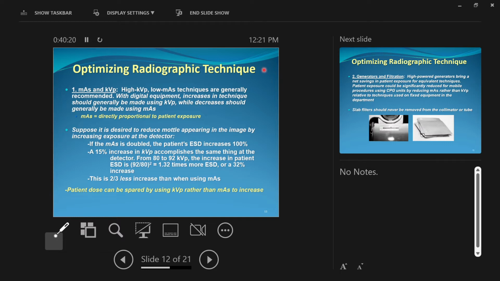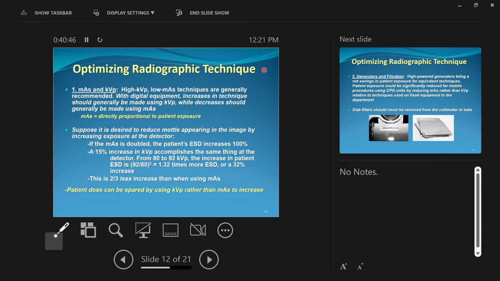Okay, so we want to talk about optimizing radiographic technique. Remember, kVp, kilovoltage, affects the X-ray beam and its penetrating power. More penetration can be a good thing, but kVPs that are too high can affect the images negatively. So it's not only the patient we have to worry about.